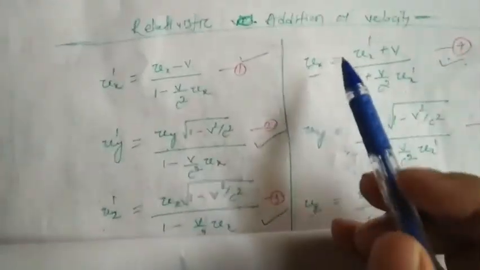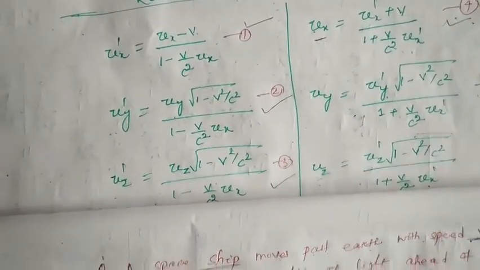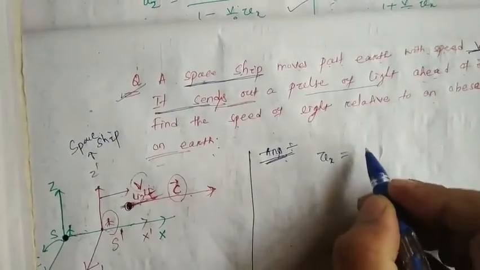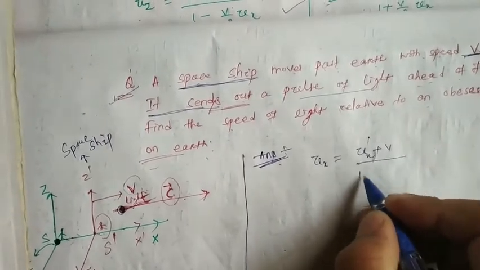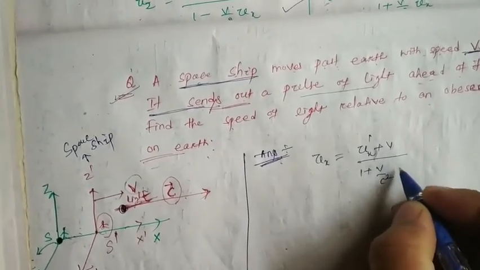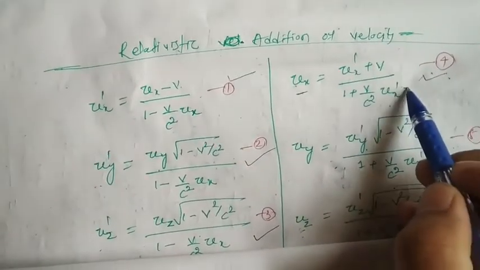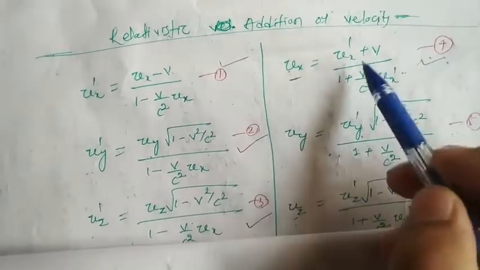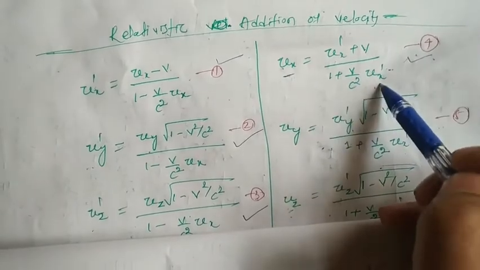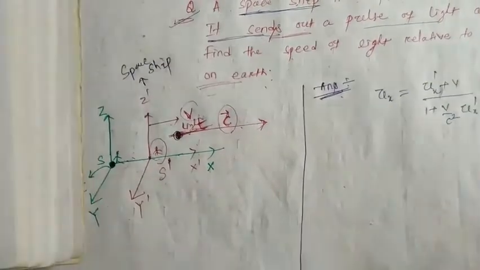The velocity measured in the S frame with respect to the S dash frame is ux equal to ux dash plus v by 1 plus v by c square into ux dash. This is the equation. According to the relativistic addition of velocity, ux equals ux dash plus v by 1 plus v by c square ux dash. Here the light pulse is moving only along the x axis, so we only have to consider the x component.